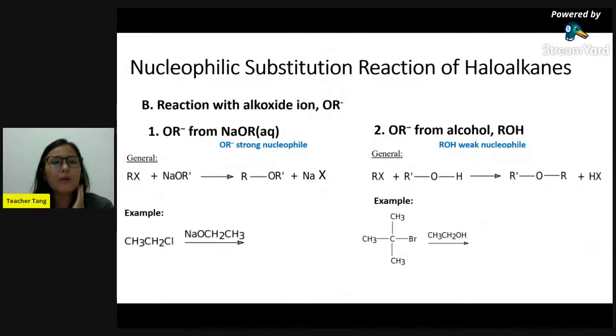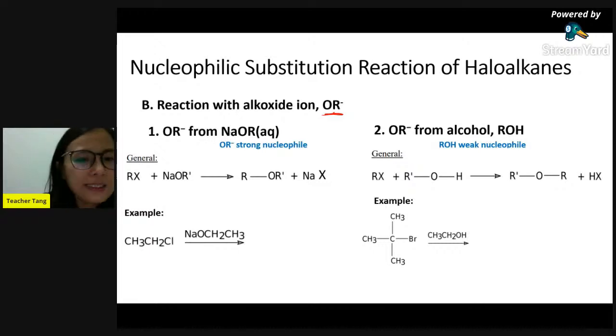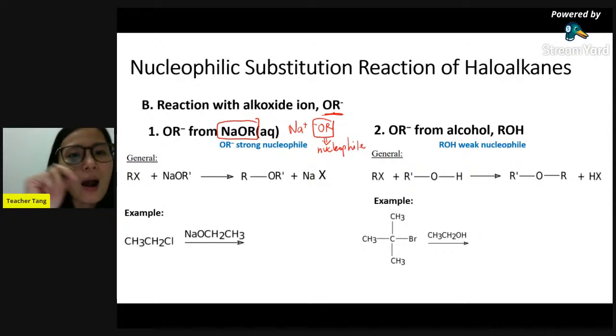Then we move on to look at, besides hydroxide ion, we can also have alkoxide ion, which acts as the nucleophile. Sodium alkoxide is an ionic compound, so it has the sodium ion and also the alkoxide ion. Which one is your nucleophile? It is the alkoxide ion, not the whole sodium alkoxide.